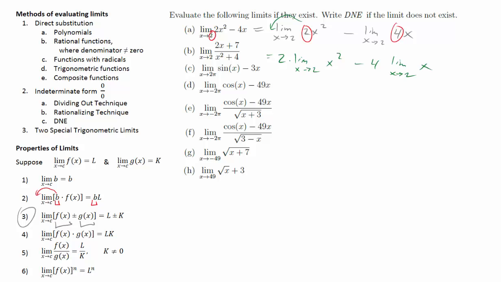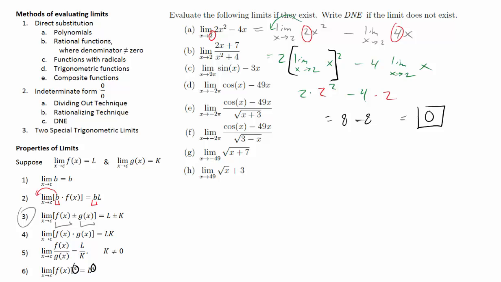Property 6: if we have an exponent that's a positive integer, then we can apply the exponent after we do the limit. As x approaches 2, we're essentially plugging in 2. So now we have 2 times 2 squared minus 4 times 2. 8 minus 8 is 0.